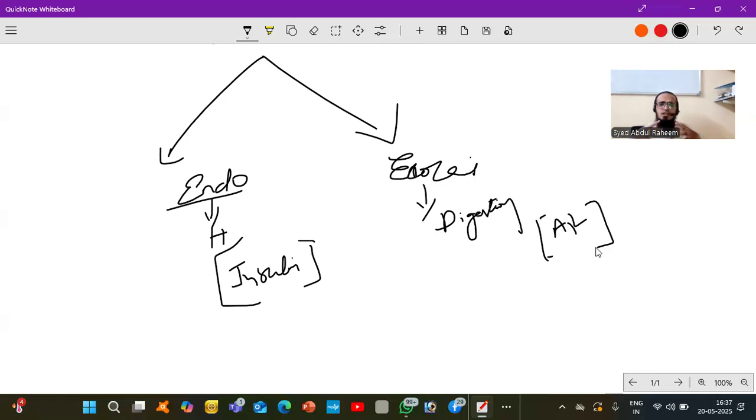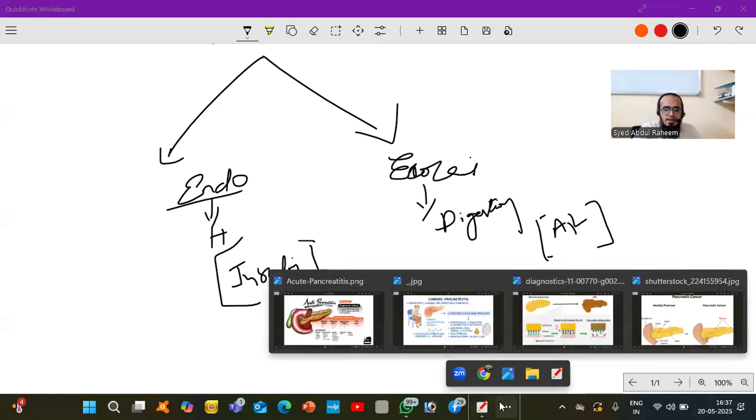Mostly, whoever has excess alcohol consumption has damage of the pancreas. So let's see the images of the pancreas.